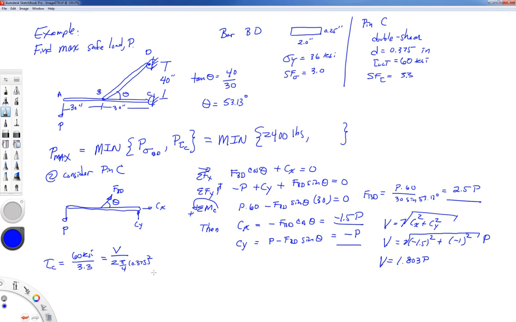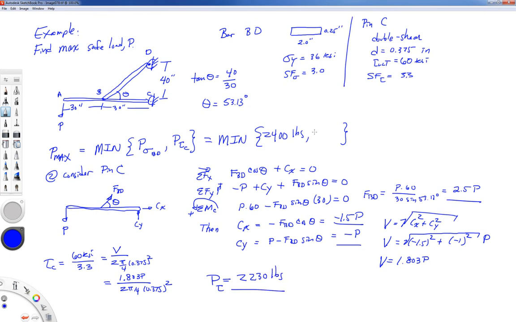So if we rearrange these numbers and put these all together, and knowing that V is equal to 1.803P, we will find a value for P based on the pin going unsafe of 2,230 pounds.